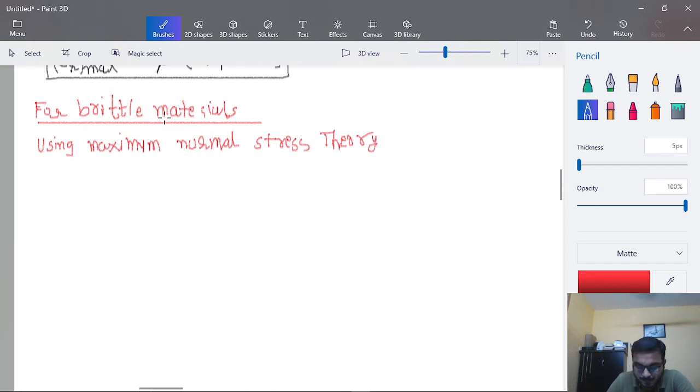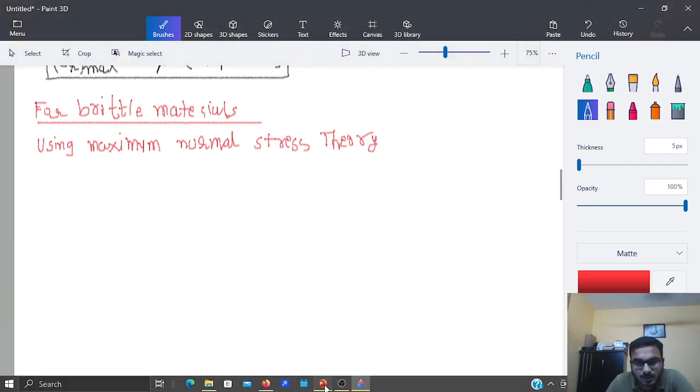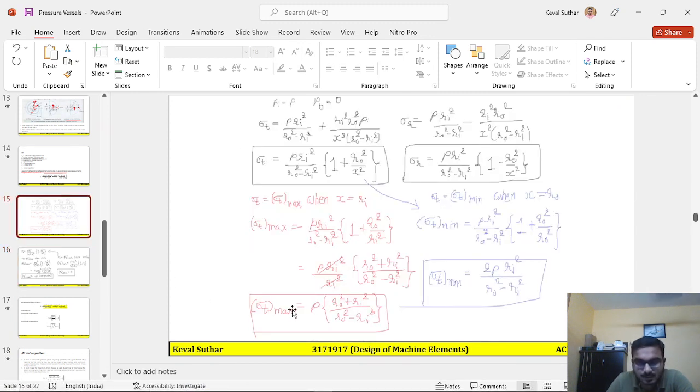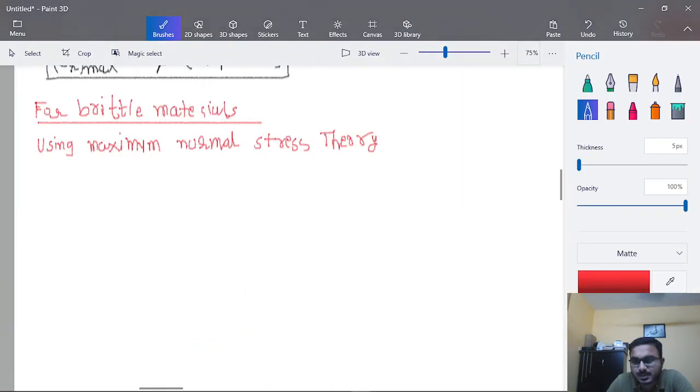Based on that we have already obtained this formula that is available over here. So we will be utilizing this equation only. Let me write down the same equation again.